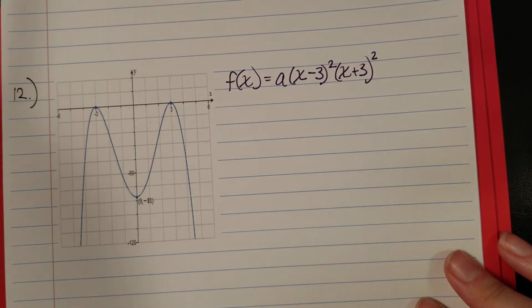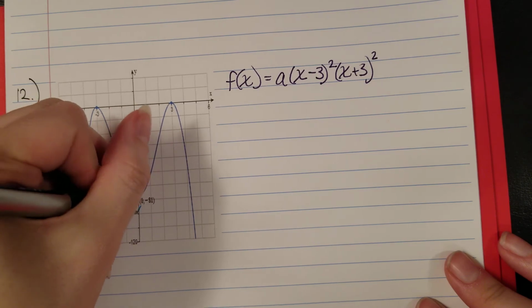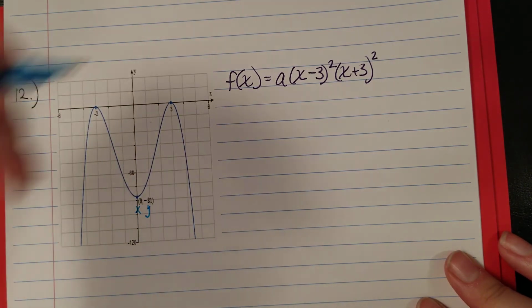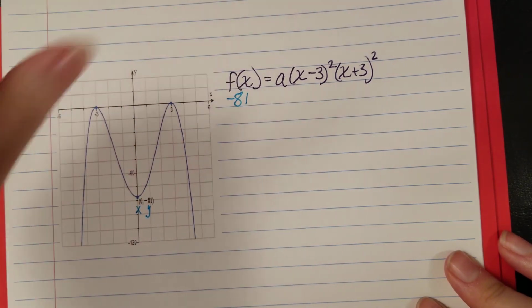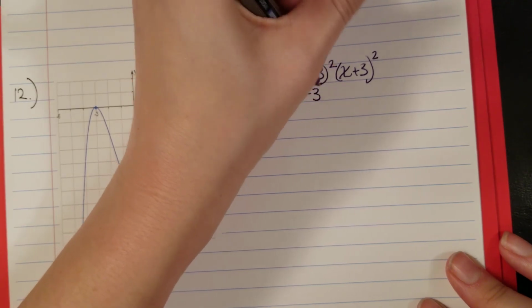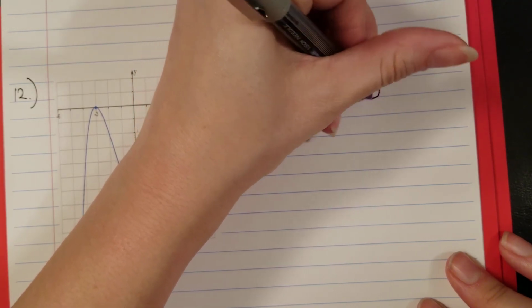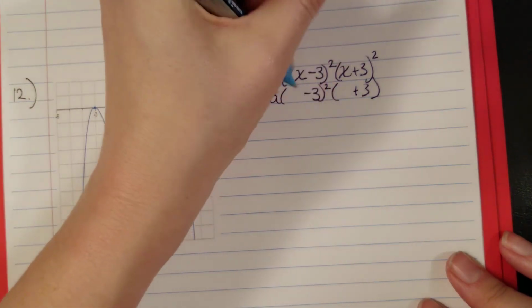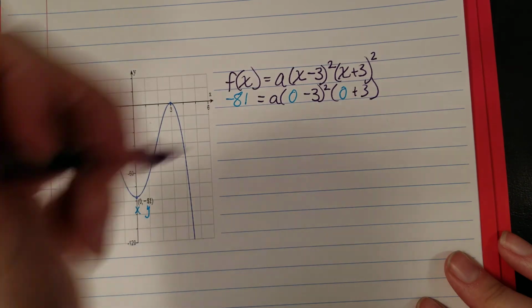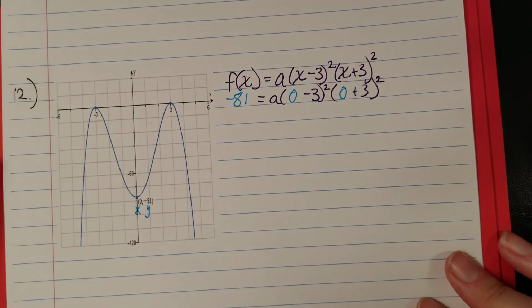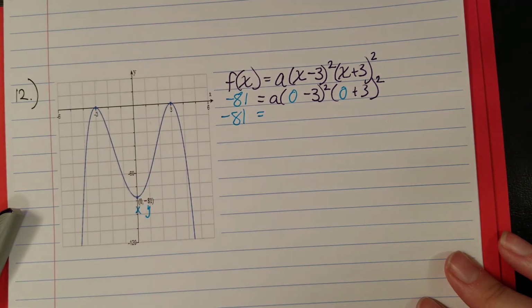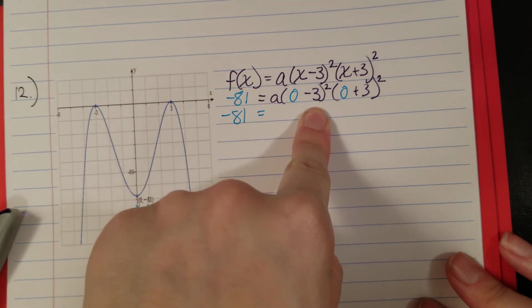Okay? And then we can plug in 0 for x and negative 81 for y, which is the same as f of x. So negative 81 equals a times 0 minus 3 squared times 0 plus 3 squared. Okay. So negative 3 squared is 9.